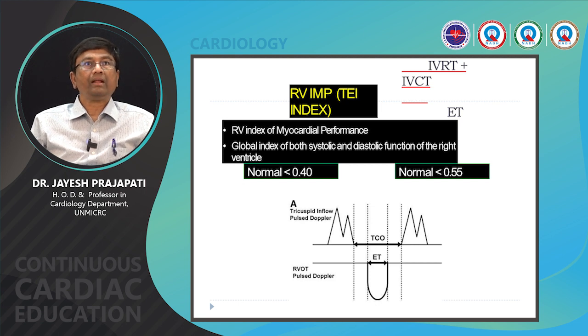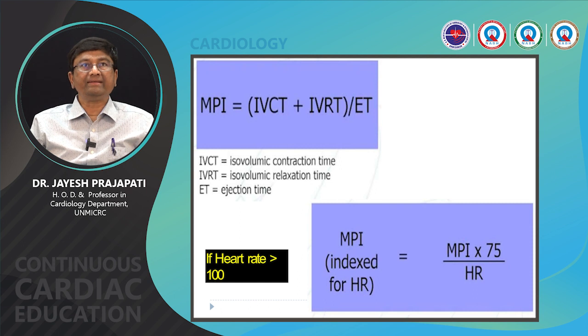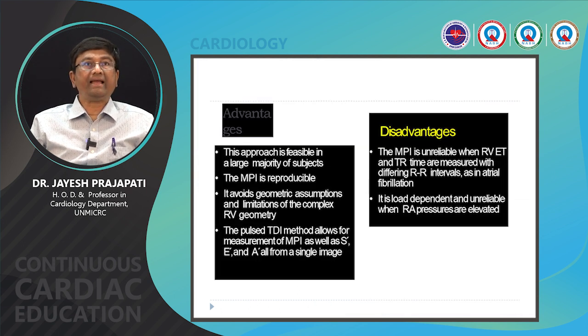We have to see the isovolumetric relaxation time, the isovolumetric contraction time, and the ejection time by Doppler. So we measure the inflow pulse wave Doppler, and this is the formula. This is how we measure the ejection time and the relaxation time in tissue Doppler, and this is how we get the MPI, which can also give an idea. This approach is feasible in the large majority of subjects.